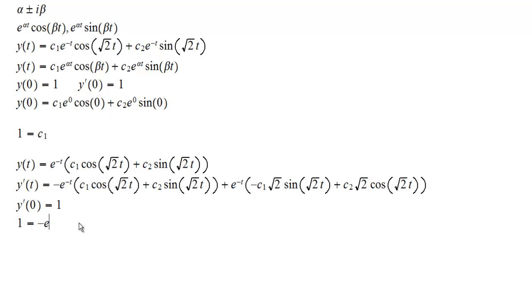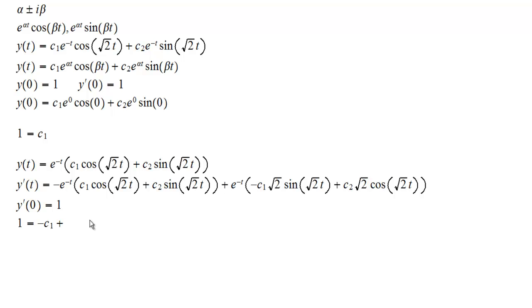So the first thing we get is e to the negative 0, which has become 1 anyway. So the first thing I'll get is negative c1. Okay, so that's what this whole thing becomes.